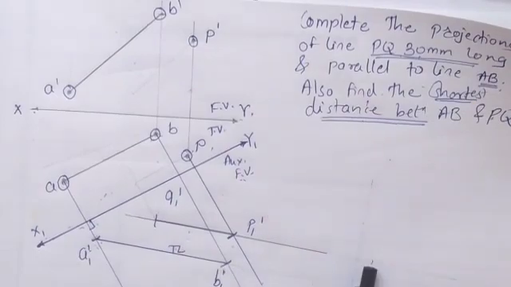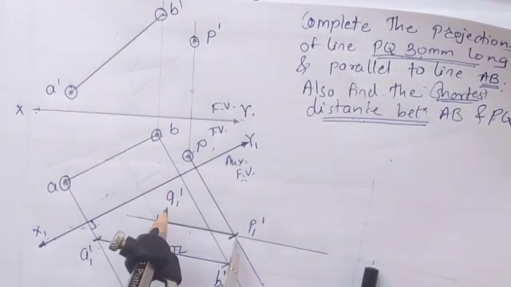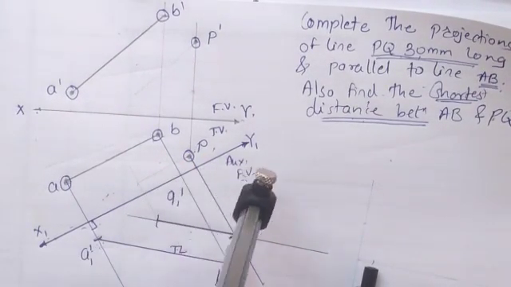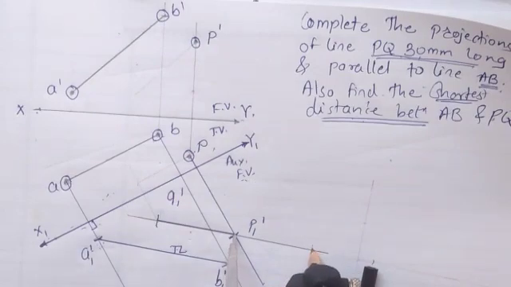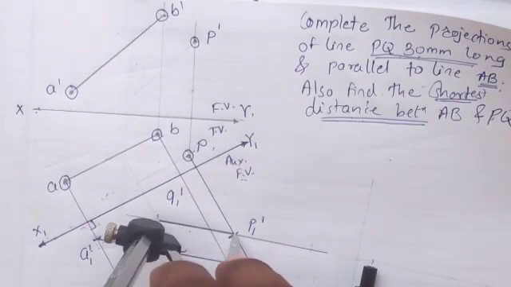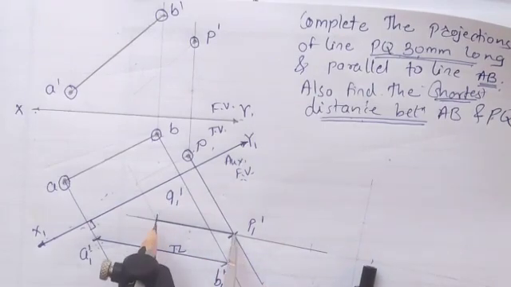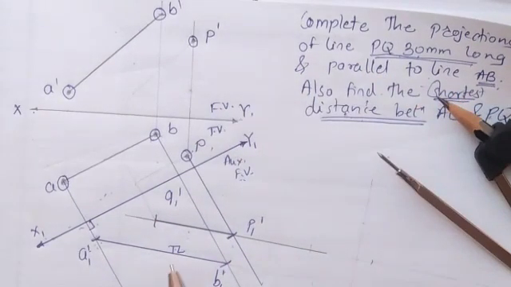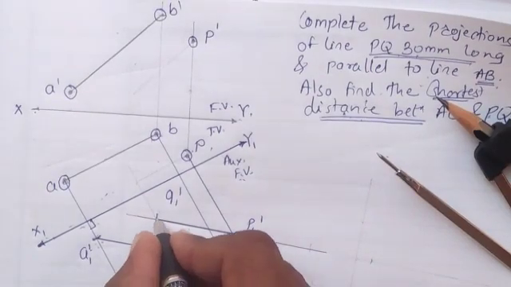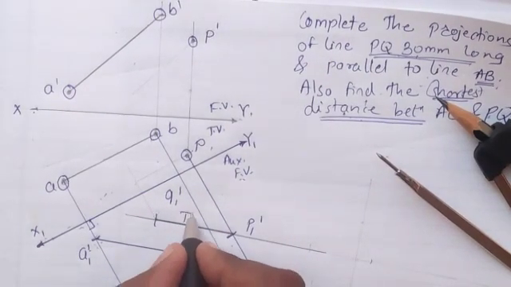See, you can mark 30 mm on either side of point P. There is no such restriction. As per the space availability, you can construct point Q at any place. So let us consider point Q is here. This is the true length of line PQ.